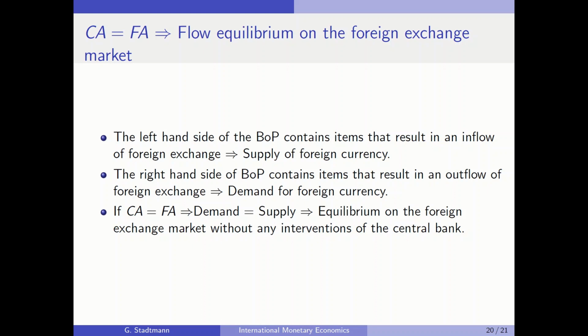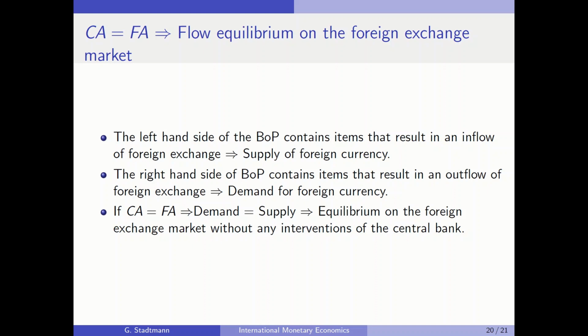In case this relationship does not hold, it would be the case that, for example, demand is larger than supply. It would have an effect on the exchange rate, and this change in the exchange rate would once more change exports and imports, and thereby the goods market equilibrium.